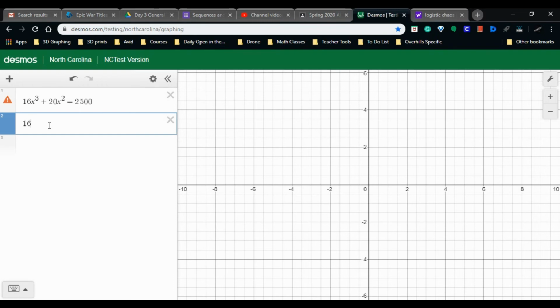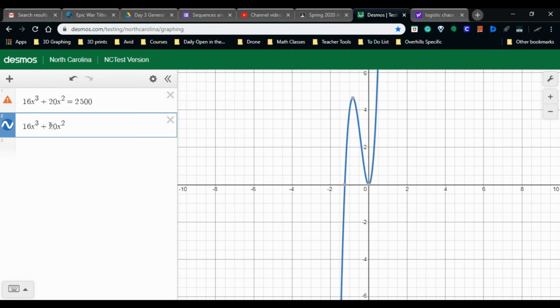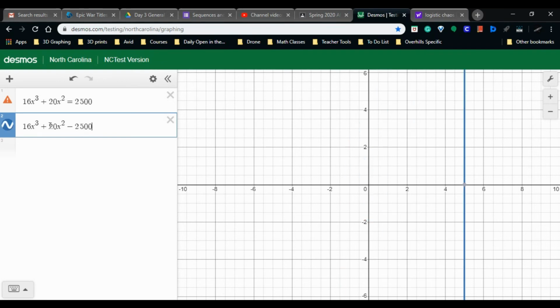The first method that was used was you set everything equal to 0. You subtract 2,500 from the right-hand side, so that way it's equal to 0, and then we can see the root of 5, 0.